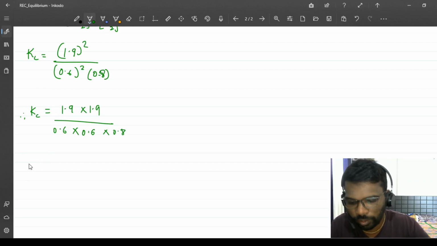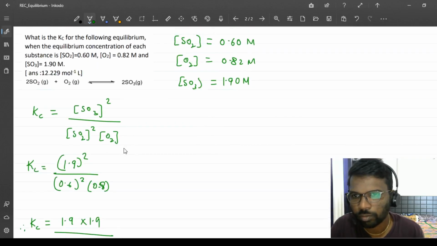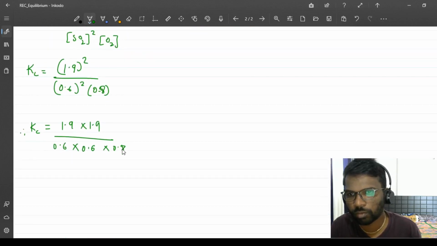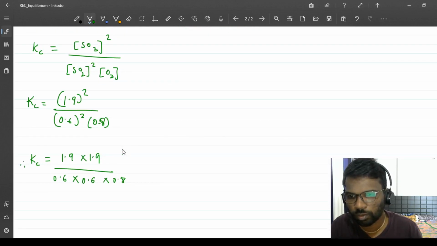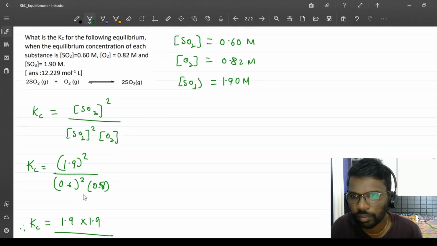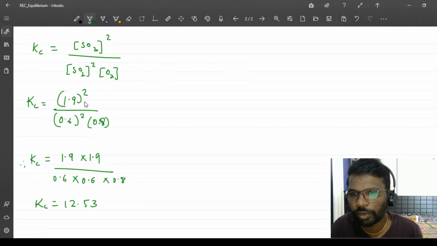I'll use a calculator. 1.9 multiplied by 1.9 divided by 0.6. So the answer comes to Kc equal to 12.53. Here the answer given is 12.229.